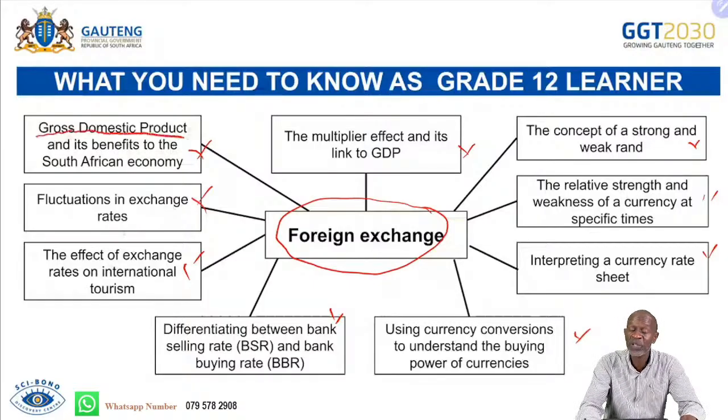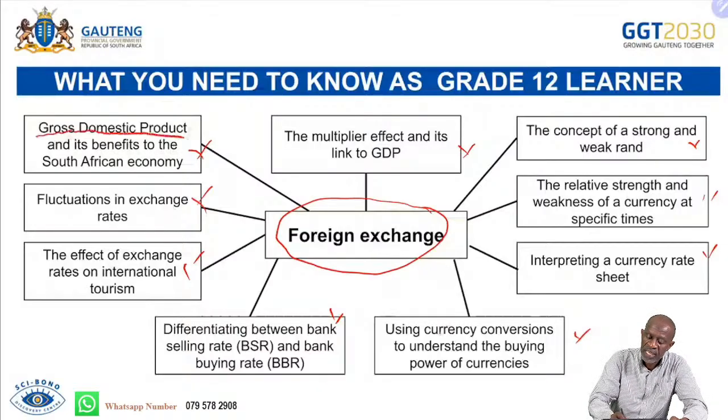Of course, we are going to try by all means to explain the two concepts, BBR and BSR, bank buying rate as well as bank selling rate. Grade 12 learners, we are also going to look at the questions that you might come across when converting one currency to another.